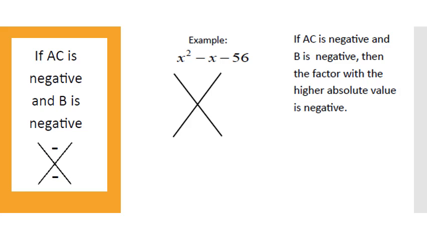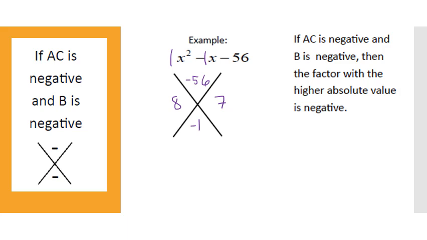And my last one, if they are both negative. So if AC is negative and B is negative. 1 times negative 56 is negative 56, and B is negative 1. Factors of 56 that are 1 apart are 8 and 7.